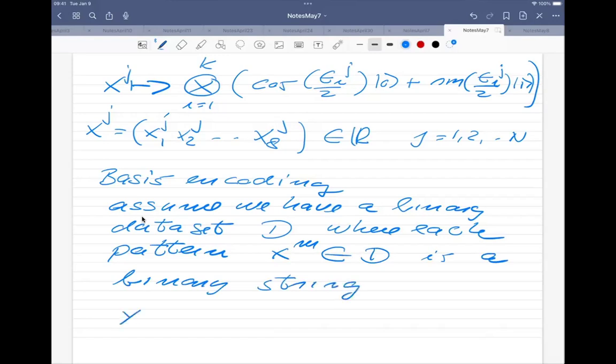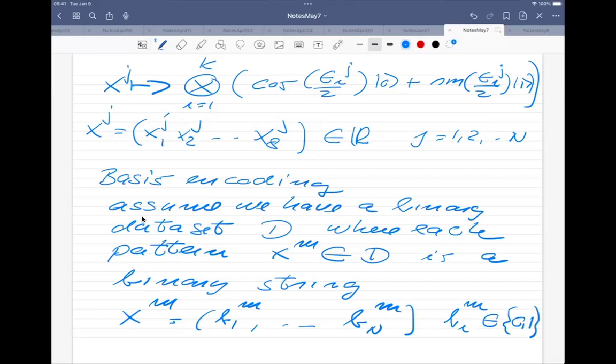So that means that we have some X of M equal to some B1 of M, and this goes all the way up to some Bn of M. And each of these, Bi of M, takes only binary values, so these are just the binary values.